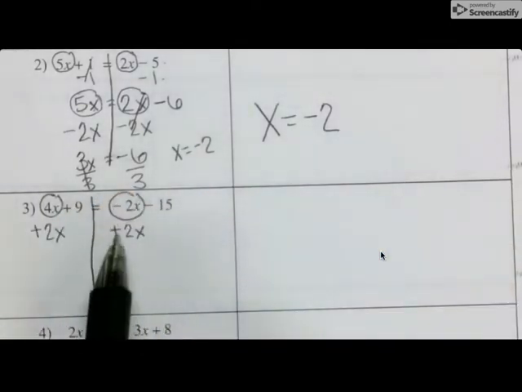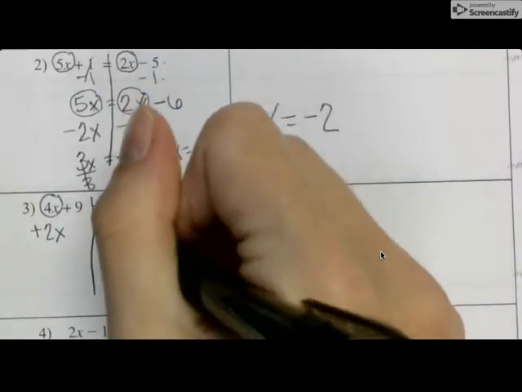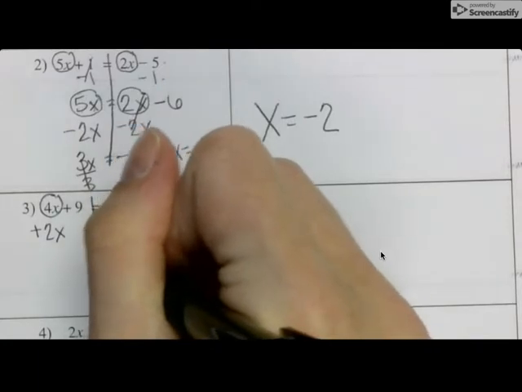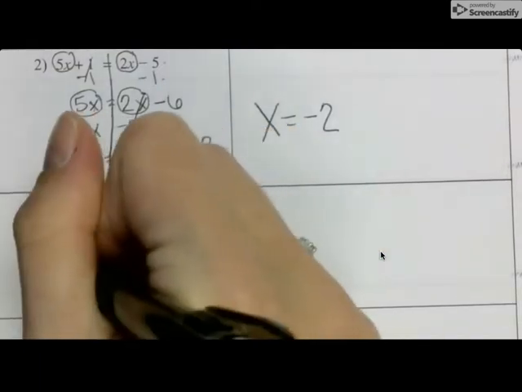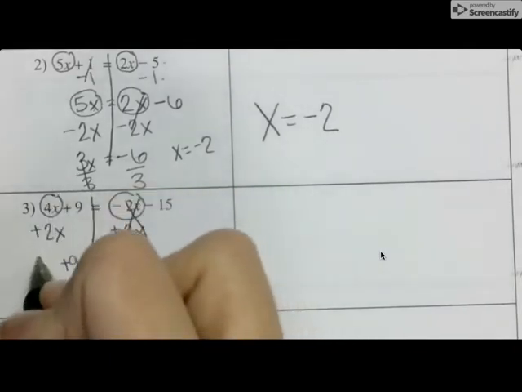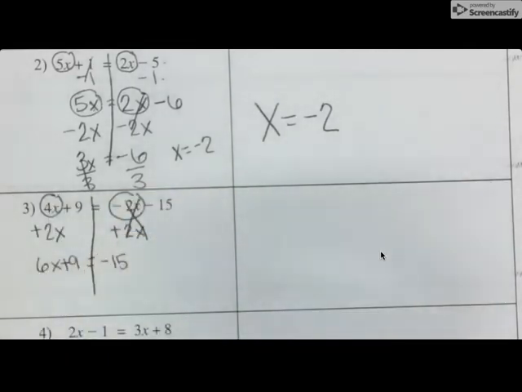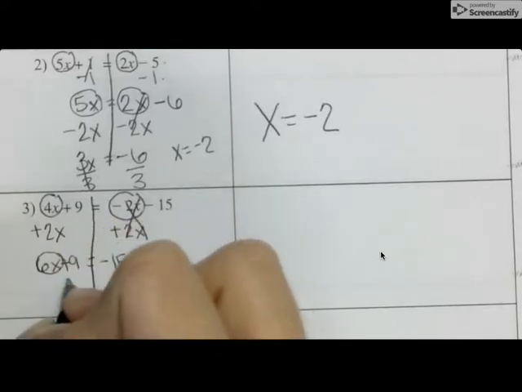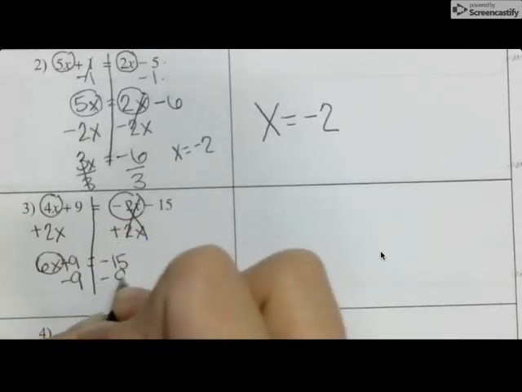Again, moving the whole term either means adding or subtracting. In this case, I would be adding. That leaves me with a 0 pair, -15 on the right side, and 4x plus 2x is 6x. -9 on both sides.